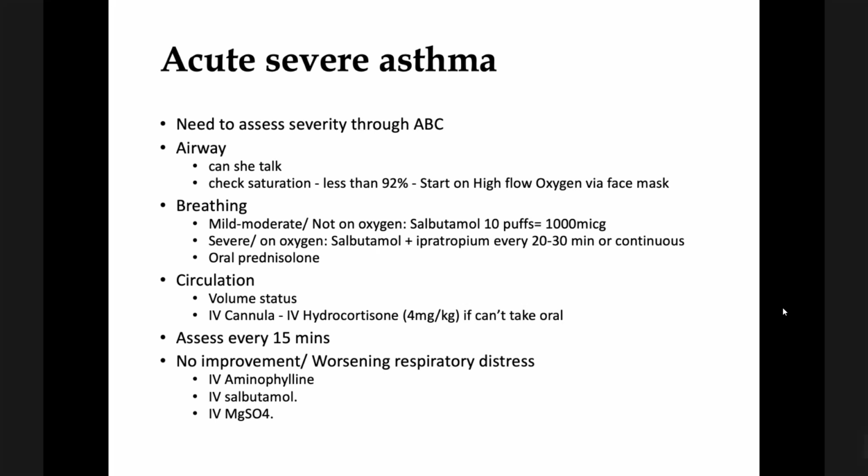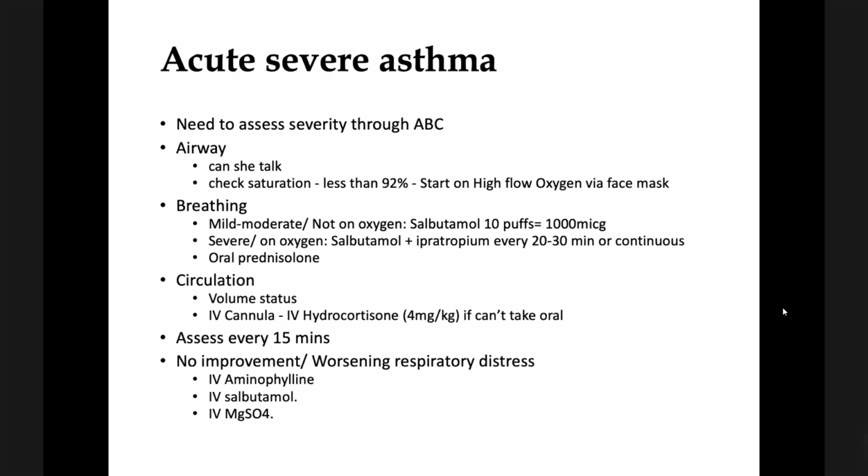So IV aminophylline is available, IV salbutamol is available, IV magnesium sulfate is available. If you look at the efficacy of these 3 agents scientifically, they are almost equal, right? So the difference is the side effects. You will find different units use different IV preparations based on the availability and the facility to monitor.